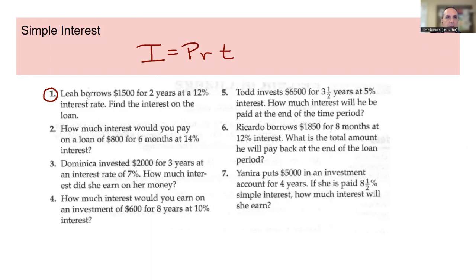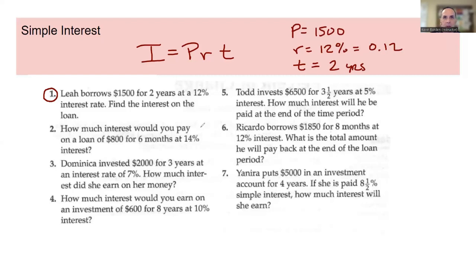All right, so if we are filling in these values, the principal is the amount that she borrowed. That's $1,500. The rate is 12%, which we immediately convert to a decimal, 0.12. And the time is 2 years.